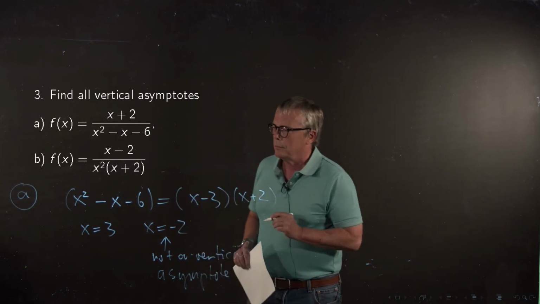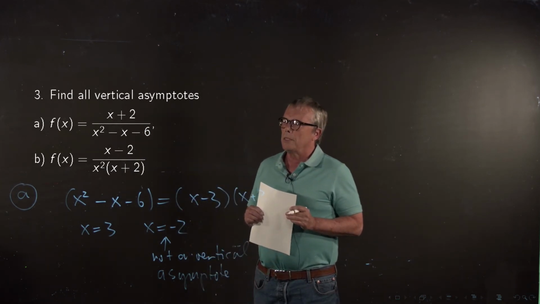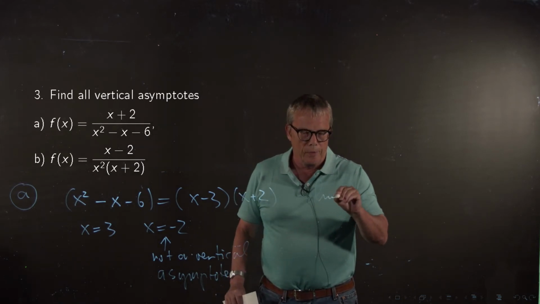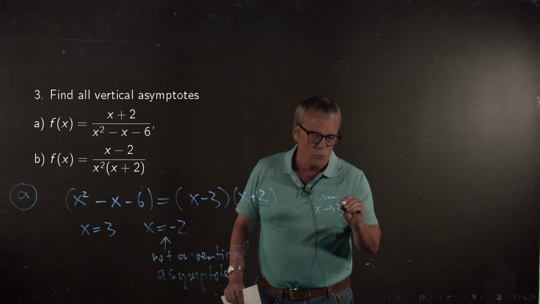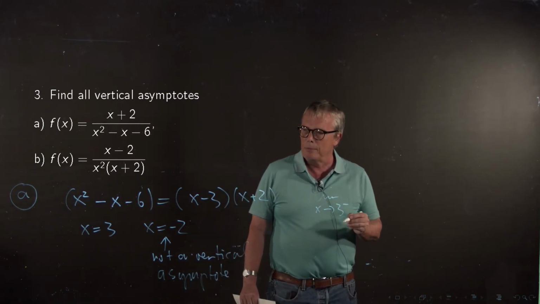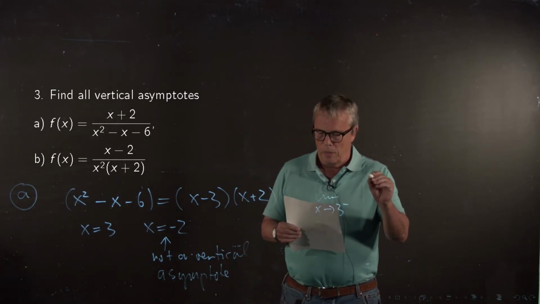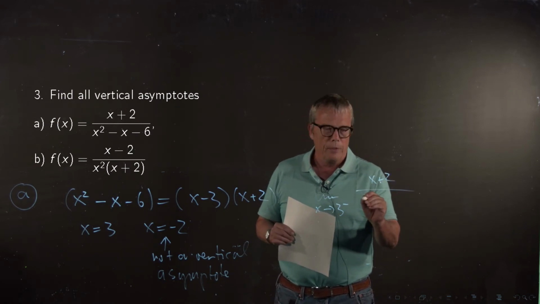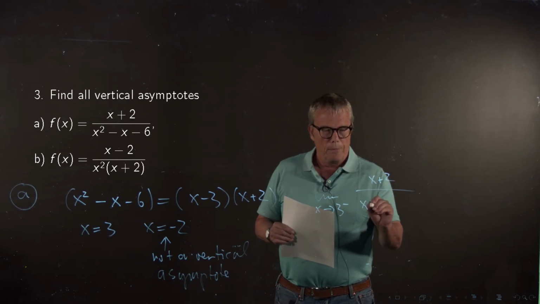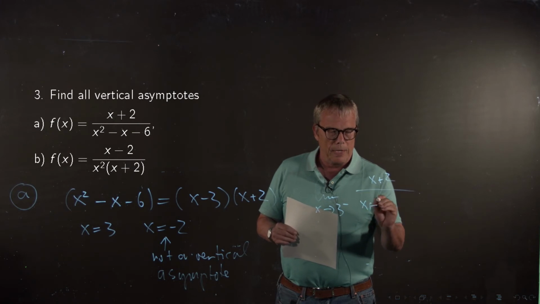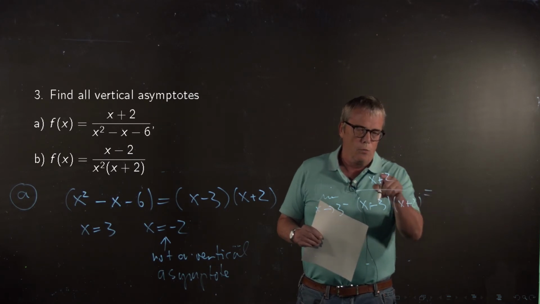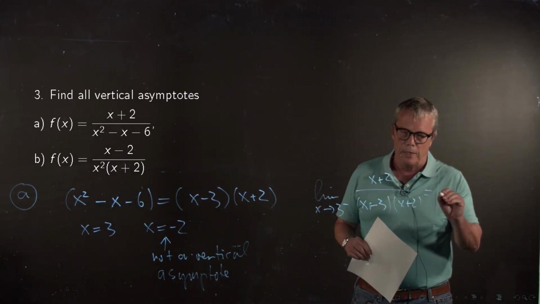Now let us discuss the point x equals 3. So we're looking at the limit from the left and from the right of x plus 2 over x minus 3 times x plus 2, which is already factored. And now we can still cancel the x plus 2.